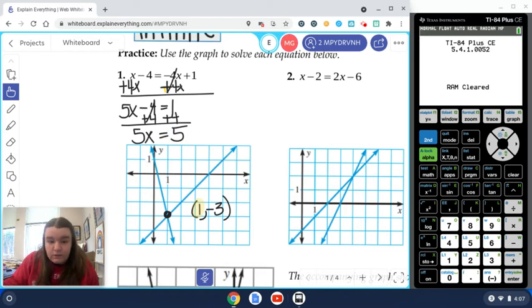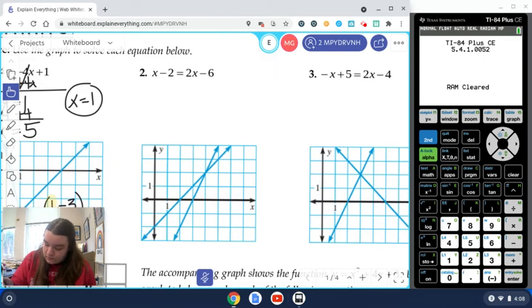So then I would divide both sides by 5 and get x equals 1. And notice on the graph, that was my x coordinate. So this can be really helpful when you are checking your work, or if you are doing a multiple choice question and you don't have to solve it algebraically. This is a really great tool to use.